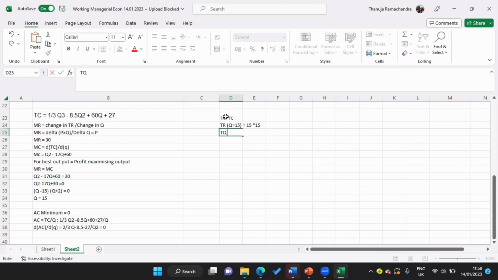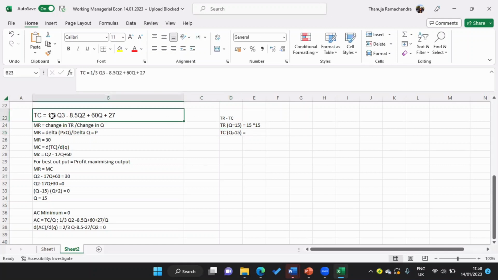TC for Q equal 15: in this equation, you have to supply Q equal 15, so you'll get the TC. TR is there already.